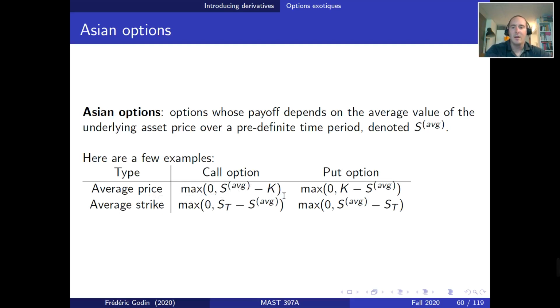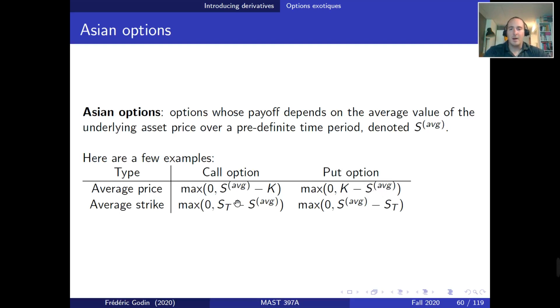So for average price Asian options, the payoff is the same as vanilla options, except ST is replaced by S average. So instead of receiving the underlying asset at maturity, you receive an amount of money which is equal to the average value of the underlying asset over that time period.